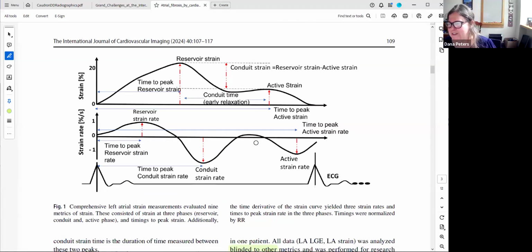The one that turns out to be interesting is this time to peak reservoir strain rate, how long it takes to reach the peak reservoir strain. And of course, reservoir strain is also always very important.